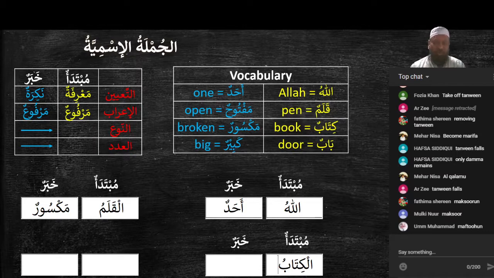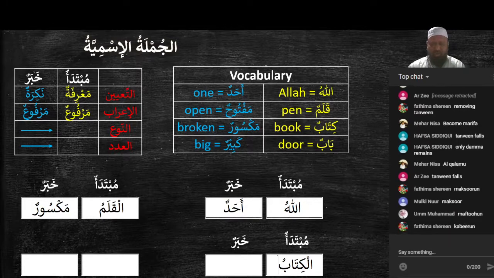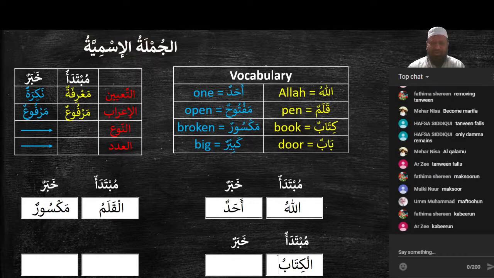Now let's take another word from the words here, in blue color. Ahadun? Al-kitabu ahadun, no, it doesn't make sense. Maftuhun, yes, possible. Maksurun, also possible. Kabirun, all possible. So let's take maftuhun.